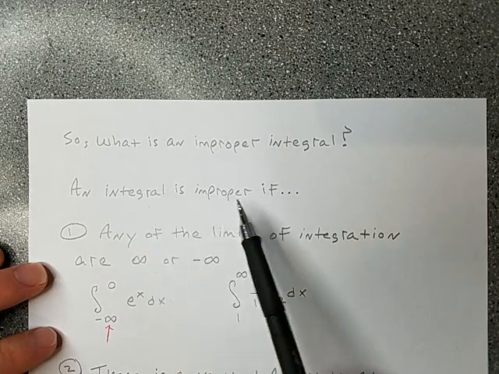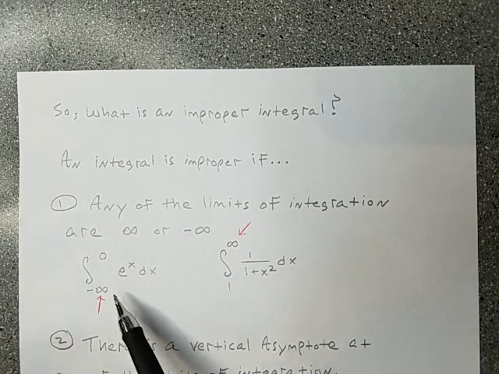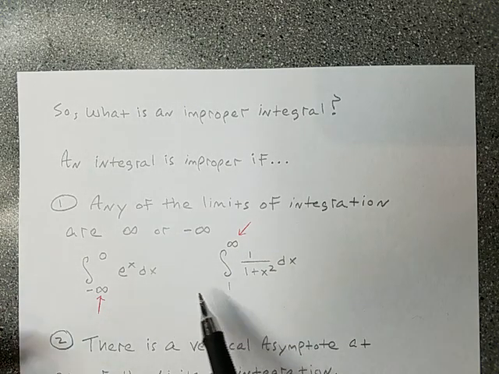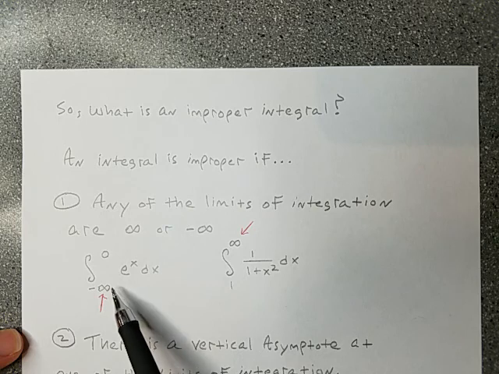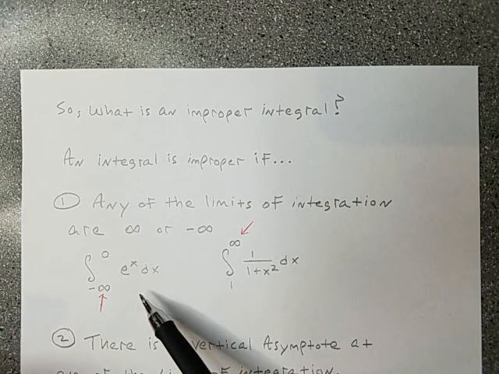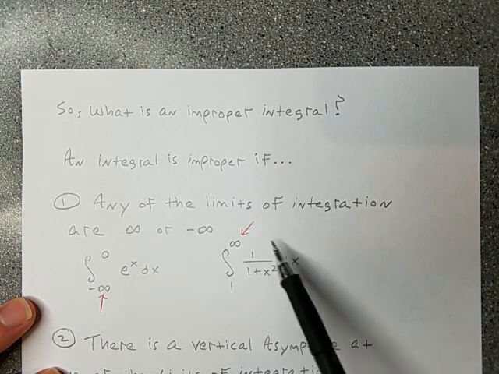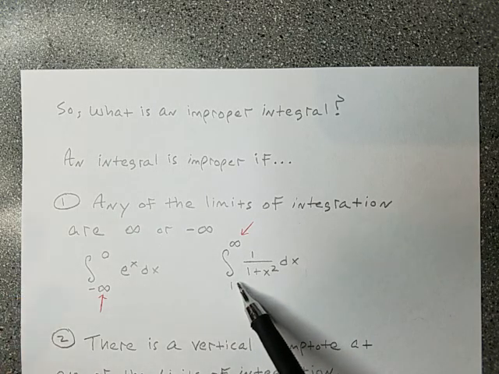An integral is improper if any of the limits of integration are infinity or negative infinity. So that right there would make this particular integral improper, and that right there would make this integral improper. Just the presence of the infinities.